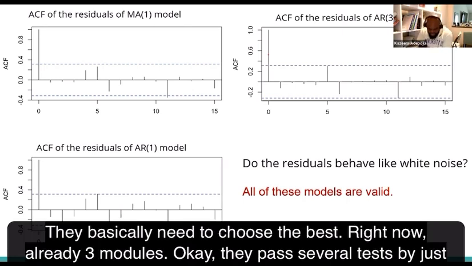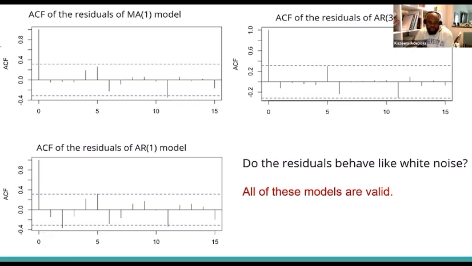Right now, all the 3 models pass several tests. It's just like in your company: a particular position is vacant and you want to employ one person. You have screened a good number of applicants, down to 3 in the final standing, and of course you want to figure out the best among them.